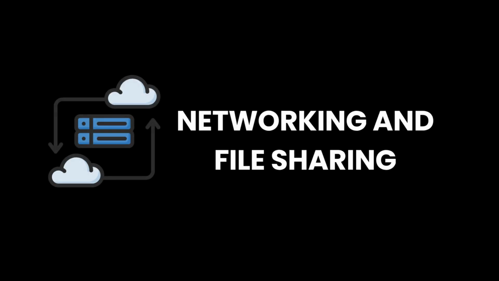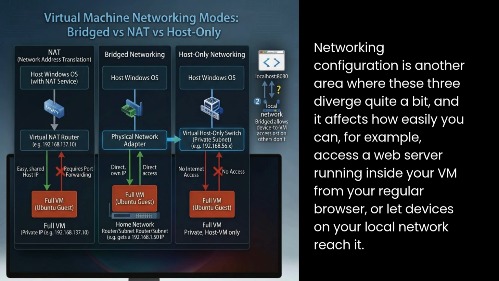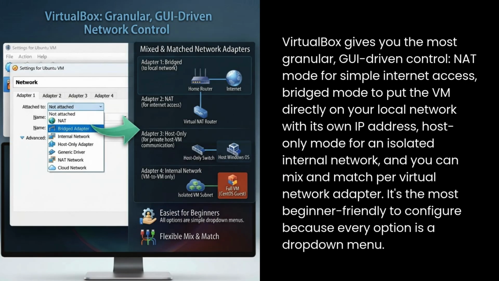Networking and file sharing. Networking configuration is another area where these three diverge quite a bit, and it affects how easily you can, for example, access a web server running inside your VM from your regular browser, or let devices on your local network reach it. VirtualBox gives you the most granular, GUI-driven control.